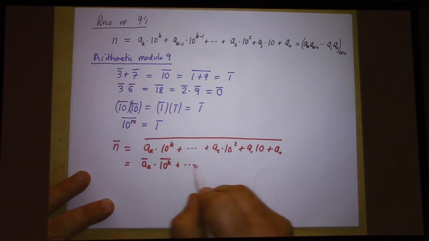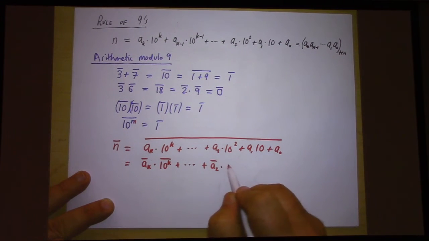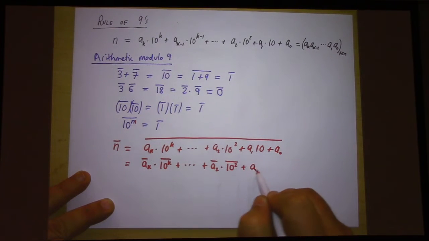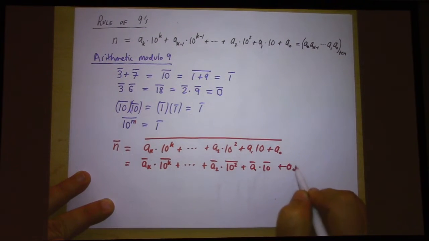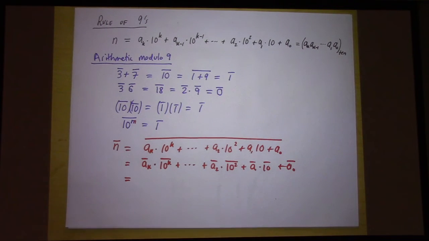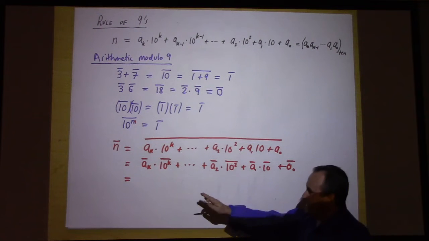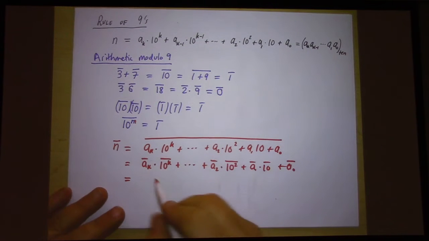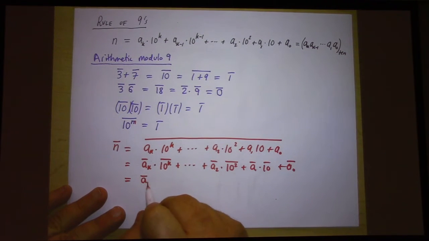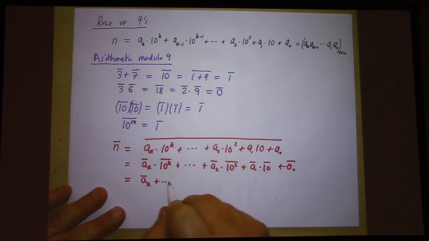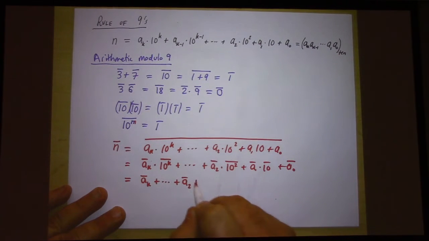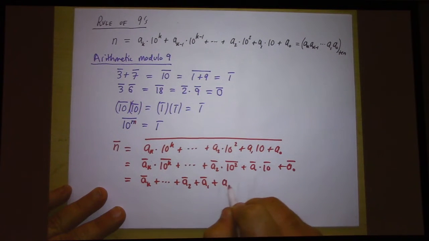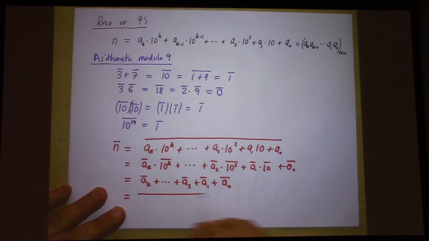So the modular arithmetic works like this, you can break it up across multiples and sums. And what did we just say about 10 to any power? Well, 10 to any power mod 9 is 1. So this is 1, that's 1, these are all 1. What you're left with is a sum of the coefficients, the sum of the digits in the number, mod 9. Which we could rewrite like this. You just add the digits, and you can simplify the sum of the digits modulo 9.